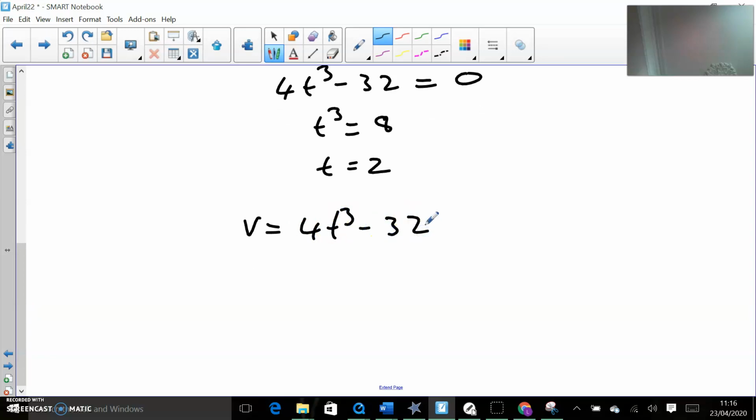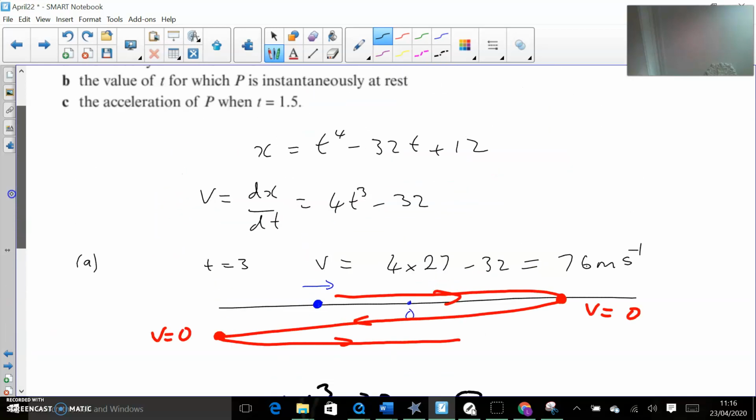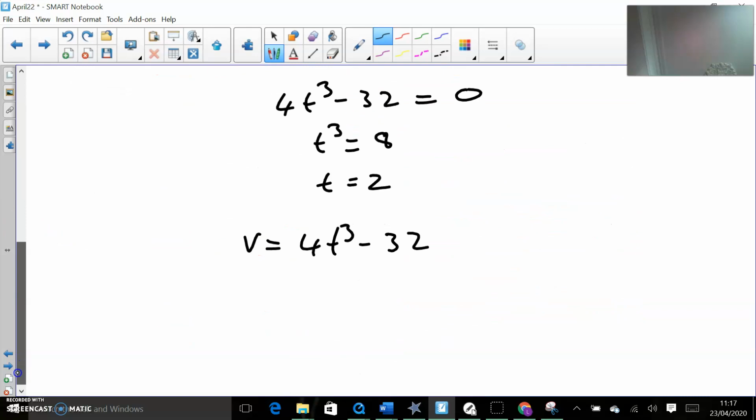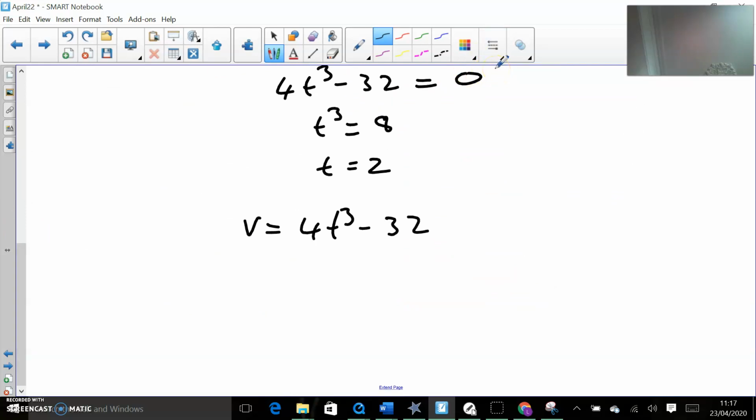Be careful, I've seen people before write down t cubed minus 8 because they've put the 4t cubed minus 32 equals 0, divided by 4, and then had t cubed minus 8. Well, that's not what the velocity is. The velocity is 4t cubed minus 32. You don't divide by 4 here. You can factorise it, but you wouldn't divide by 4 unless you wanted to make it equal to 0.